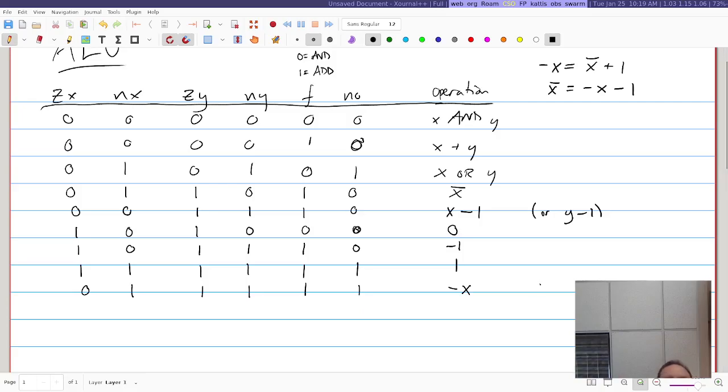So, okay, we invert x, and then we zero and invert y, so that'll give us -1, right? We add, so x plus -1, and then we invert the output, so it's like this, right? So what is this? Well, we can just apply this.